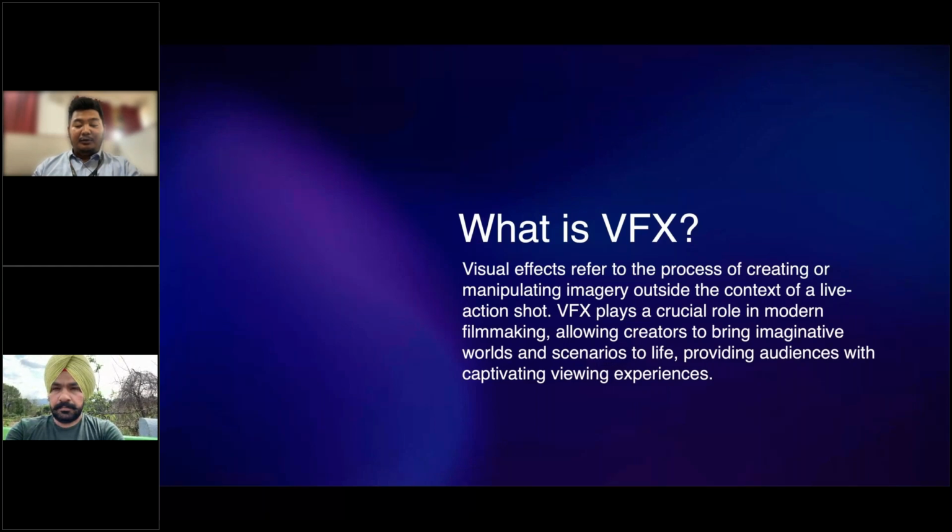Let's suppose you are shooting something. Right now you can see that sir is having a neat background. But what if, in my particular scene, there is a requirement that you have shot this scene in a day background, but now I want the weather condition to be very dramatic, so I want to add some clouds, some thunderstorm, some strong wind?